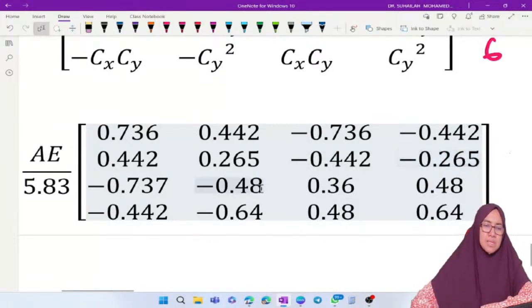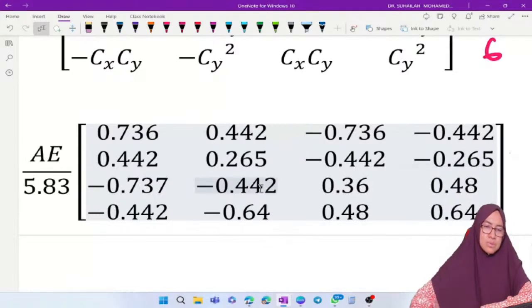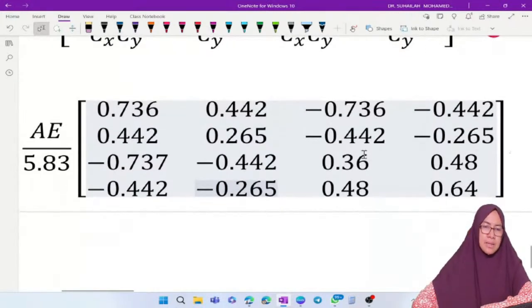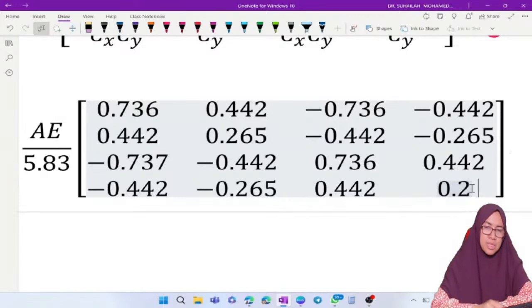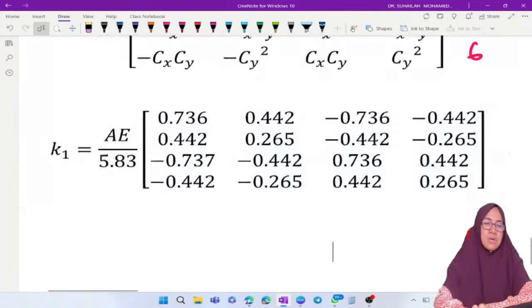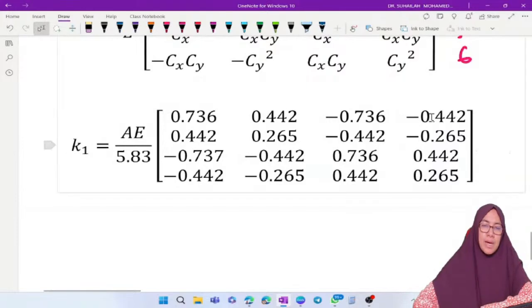Symmetry means this is also 0.442, 0.265. And then 0.736, 0.442. This is 0.442 and 0.265. So this is K1, but this is not finished yet.